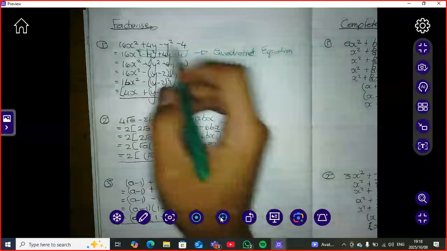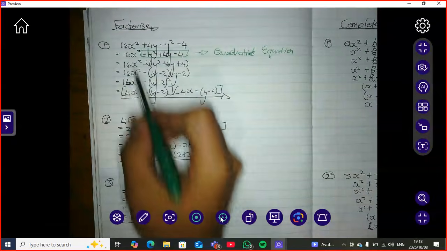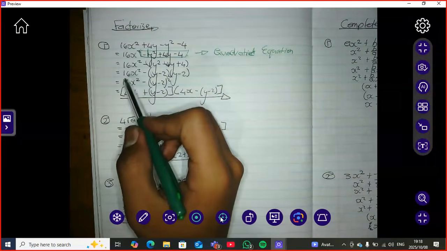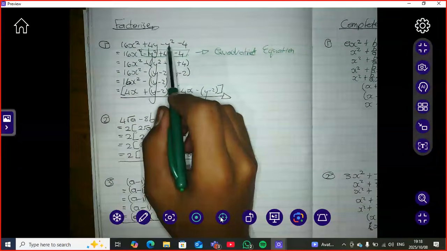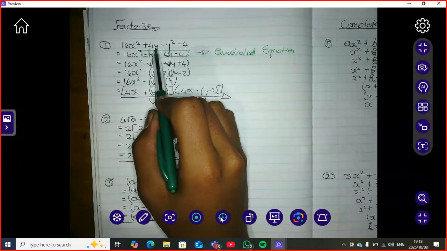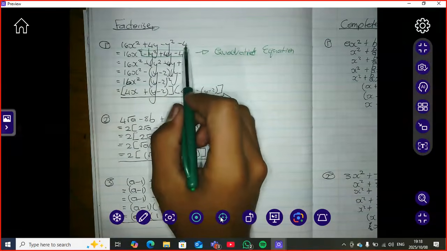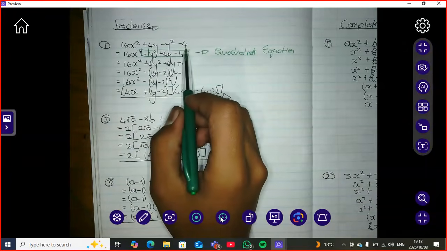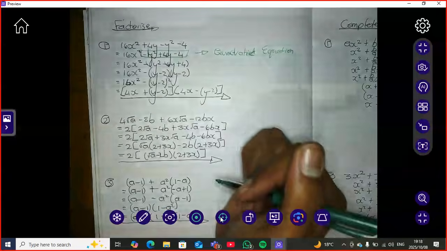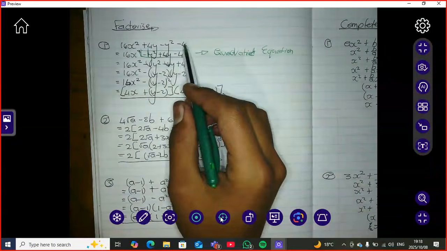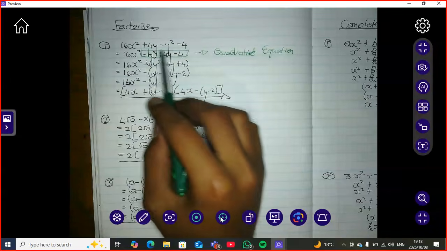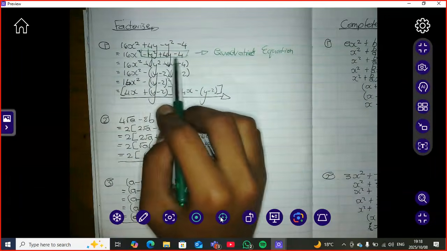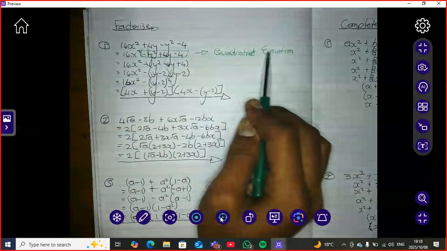But this 16x squared, you can do nothing with it. So don't ever try to do something with it, because as you can see, we have a y squared, a 4y and a constant here. So the only thing we can do something with is this trinomial here. That's why I put it into a standard equation.